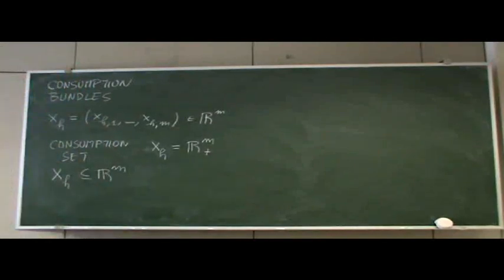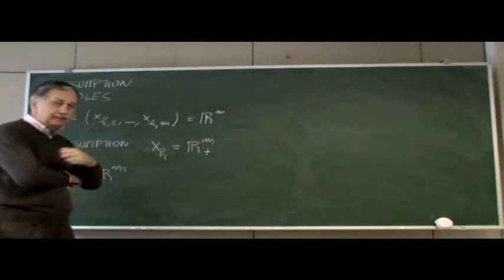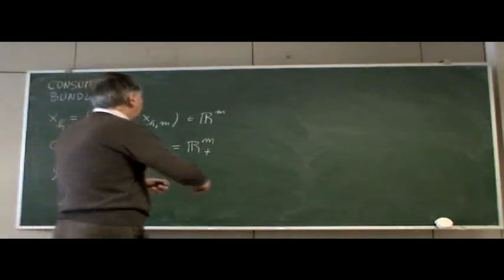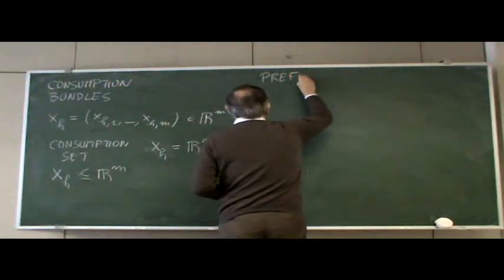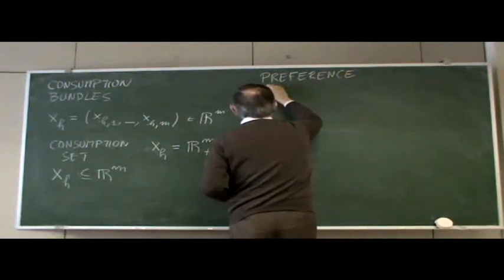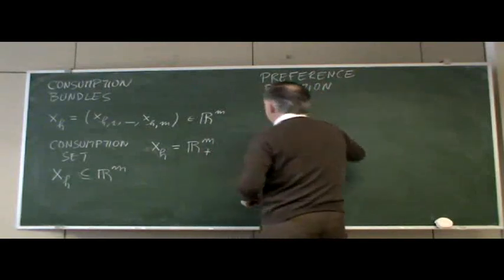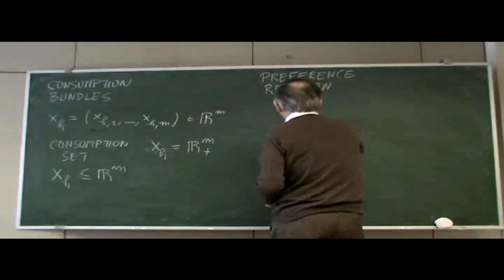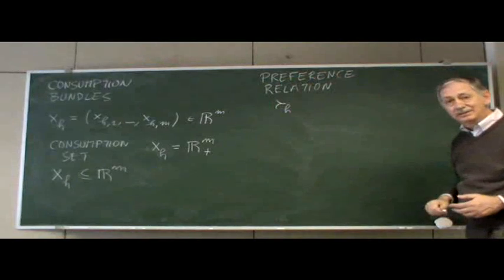But the consumer is not only characterized by his consumption set, but also by his preferences. We introduce the so-called preference relation, but pay attention, the relation that we shall consider is the strong preference relation, strict preference.